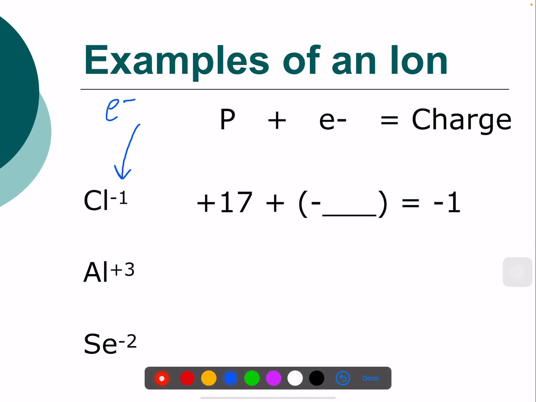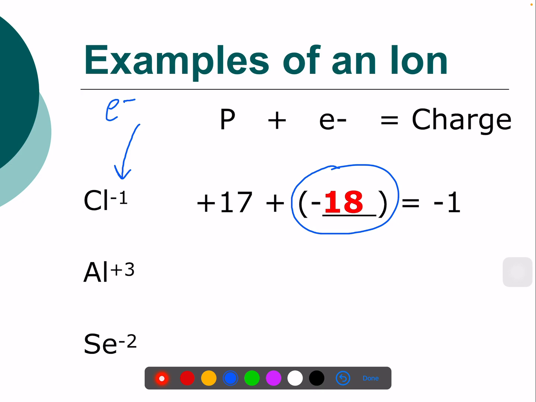So if chlorine has 17 protons and we want a charge of -1, what number goes in here that's going to make this formula add up to -1? Well, of course, 18. 17 minus 18 equals -1. So there are 18 electrons in this chlorine ion that has a charge of -1.